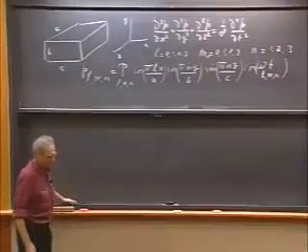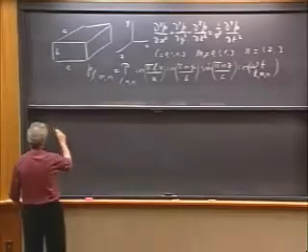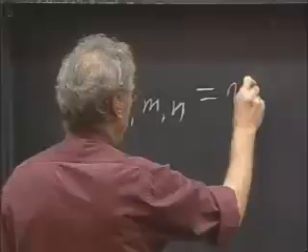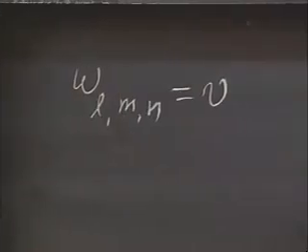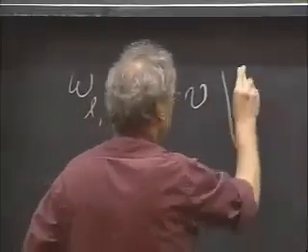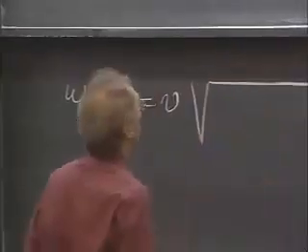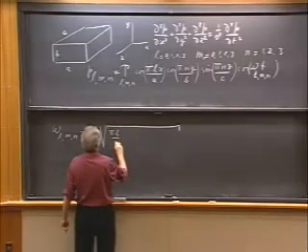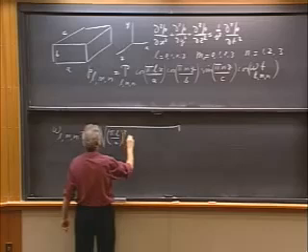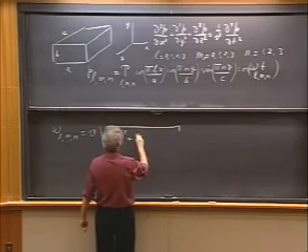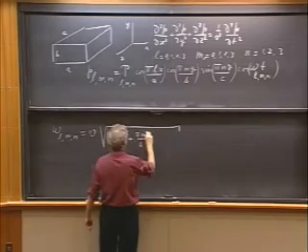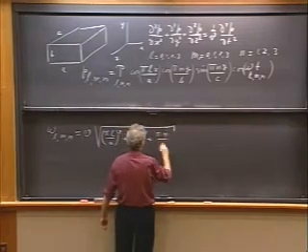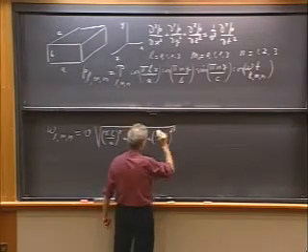And so that connection is that omega L, M, N becomes V, which is the speed of sound, times the square root of, if you're ready now, pi L divided by A squared plus pi M divided by B squared plus pi N divided by C squared.